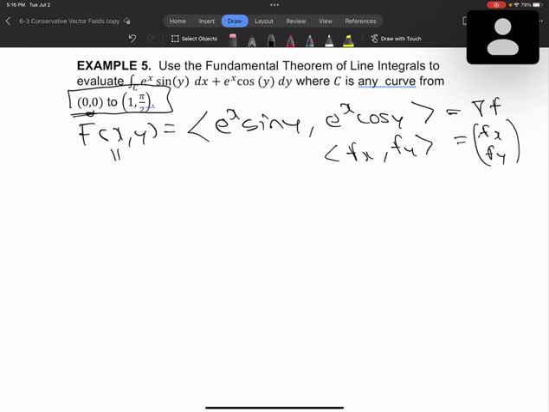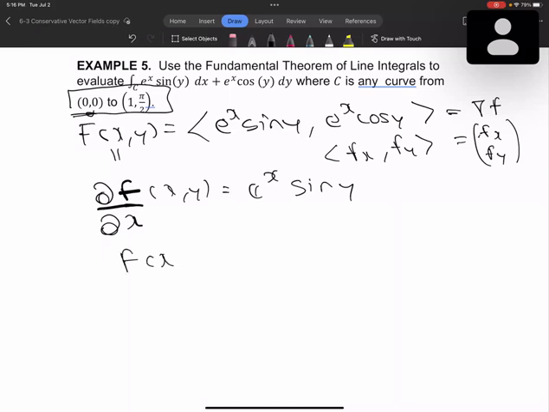So the derivative of f with respect to x equals e to the x sine y. So we need to find f, so we need to integrate with respect to x. If you integrate with respect to x, the derivative of e to the x is e to the x, so we get e to the x sine y plus a constant depending on y. Now I'm going to do this fast because we already did this.